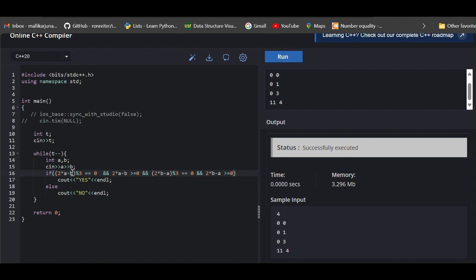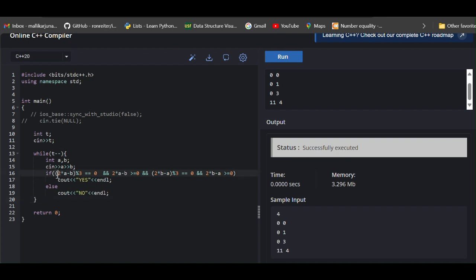I use the C++ CodeChef compiler. So see here, I'm reading the number of test cases. For each test case, I have to read the A and B values, right? And then I'm checking my four conditions here. If they are satisfied, I have to return yes. Otherwise, I have to return no, right?